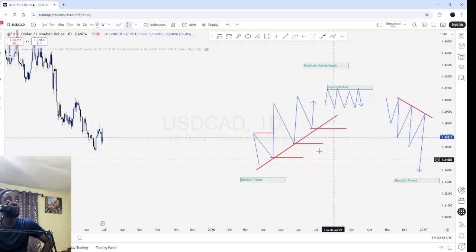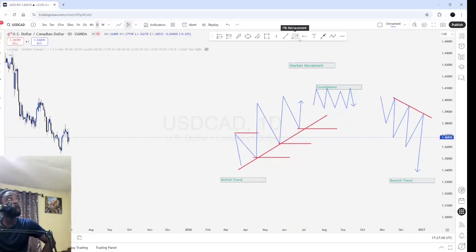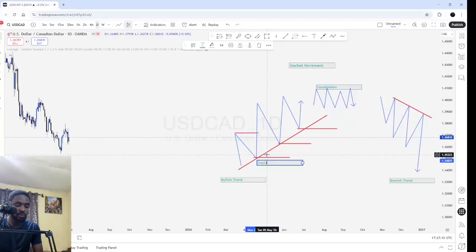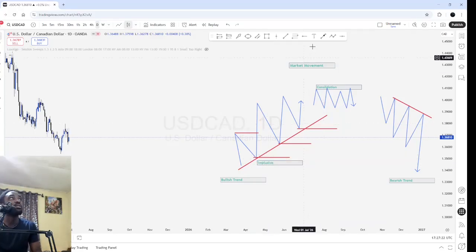So in the trend, we have two phases. We have the impulse move and we have the correction move. So first of all, this huge movement is the impulsive move.